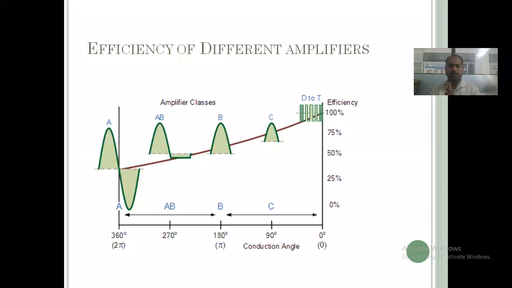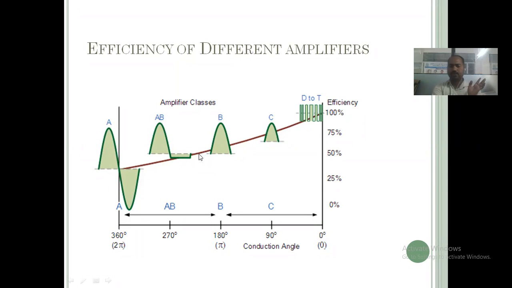What does it do, class A, class AB, class B, class C, and D2T type of amplifier. See, as we travel from class A to the class D2T type of amplifier, should efficiency increase or decrease? Tell me, increase or decrease? Look here, from this portion going up like this, will it increase or decrease?